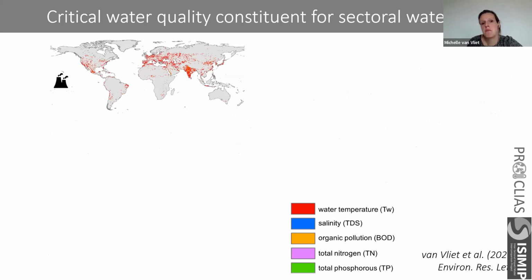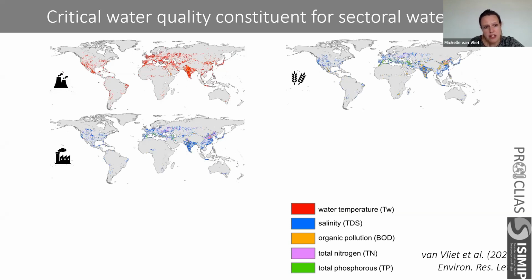We also looked in more detail, for each main water use sector, at which critical water quality constituent mainly drives these higher water scarcity levels. For the energy sector, water temperature seemed to be the most critical water quality constituent contributing to higher water scarcity levels.